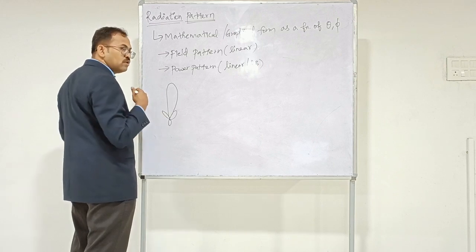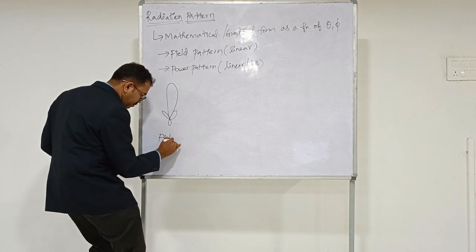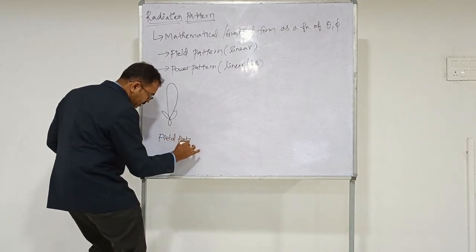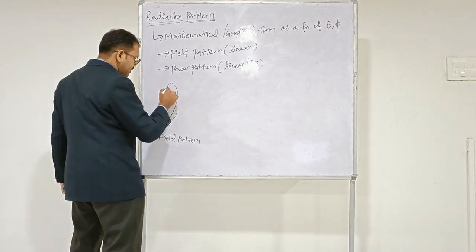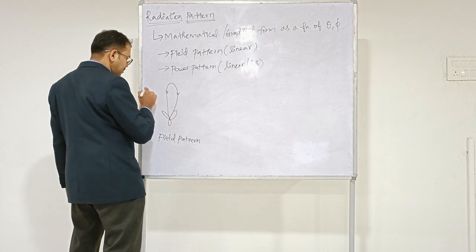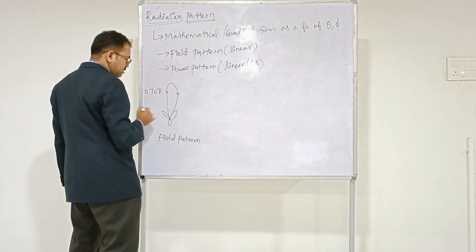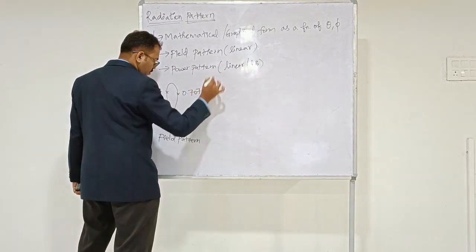If I want to locate half power points with respect to field pattern, this is field pattern on a linear scale. Here I have to consider 2 points on either side of pattern maxima which are 0.707 times your maximum.